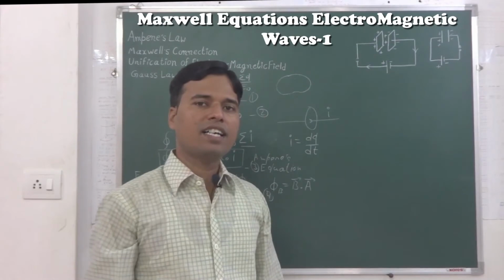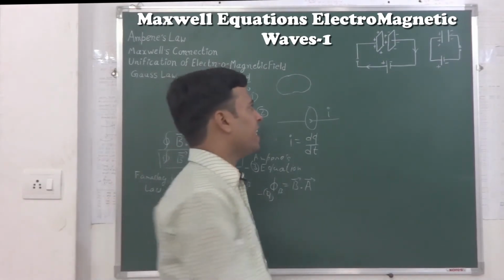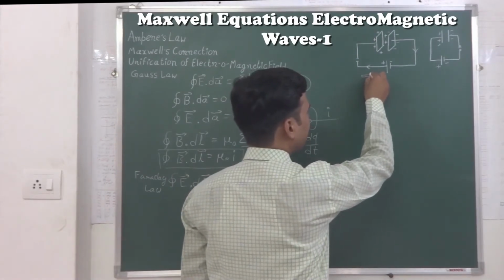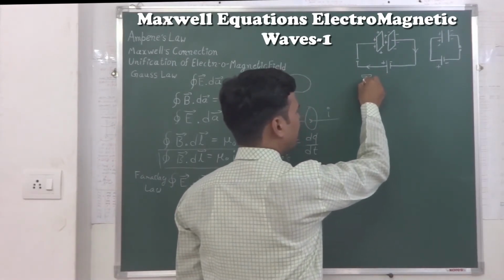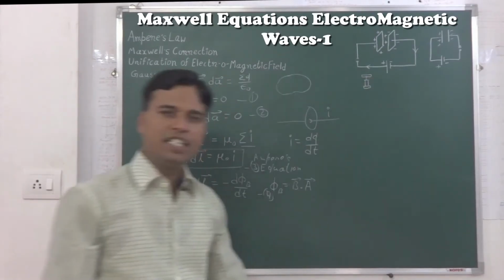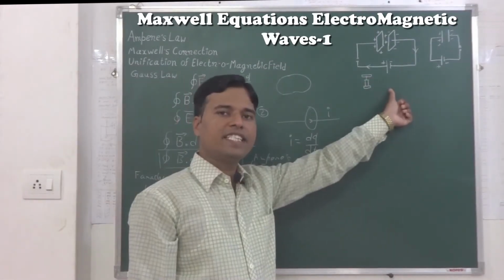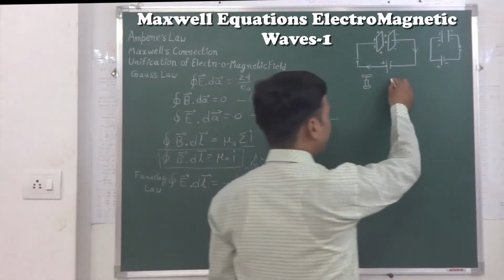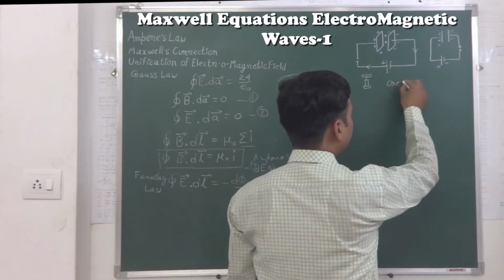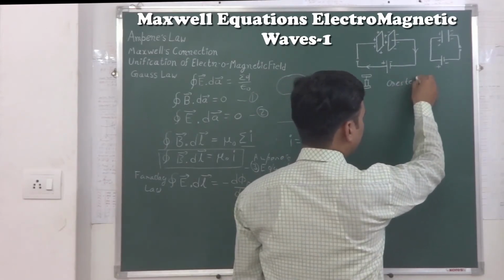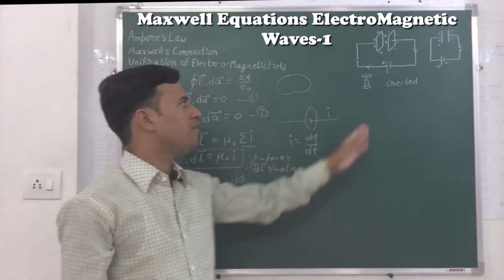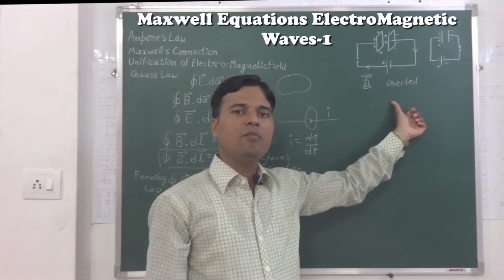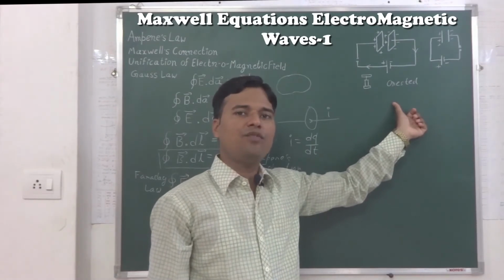When a conduction current is flowing in a current carrying wire, there would be some magnetic field induced, and if we place a magnetic needle near to it, then there would be deflection in the magnetic needle, which was experimentally proved by Ørsted. He was the first scientist who tried to find the magnetic effect of electric current.